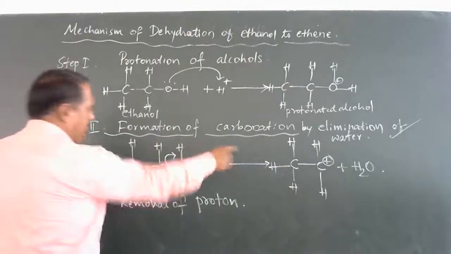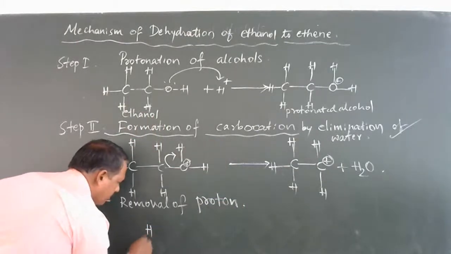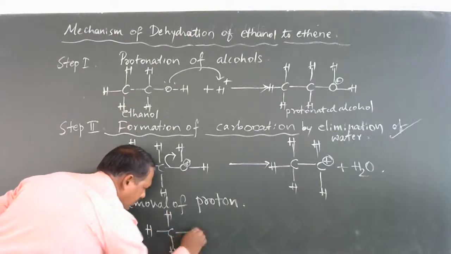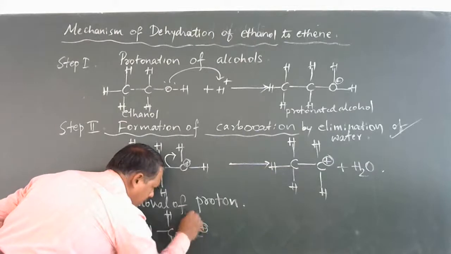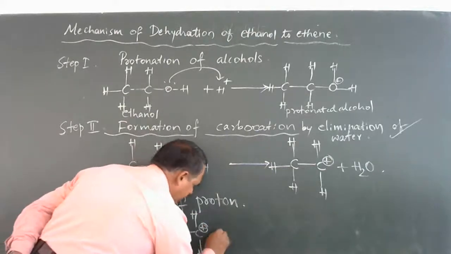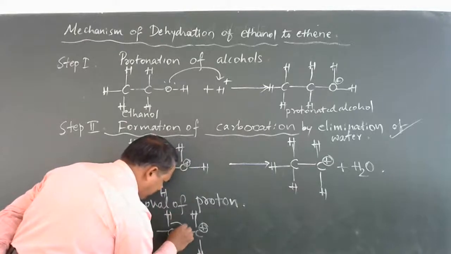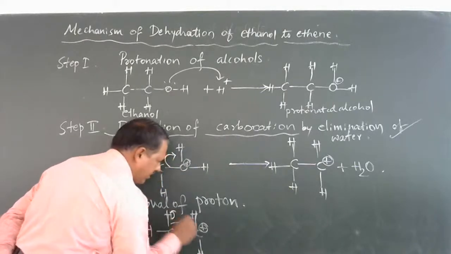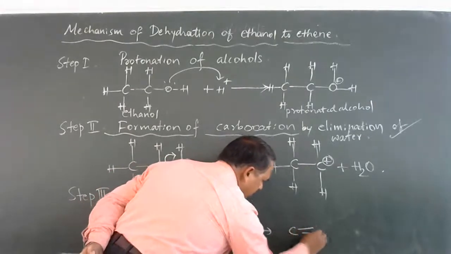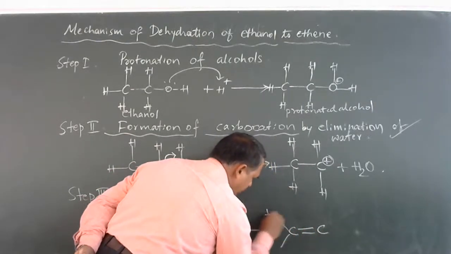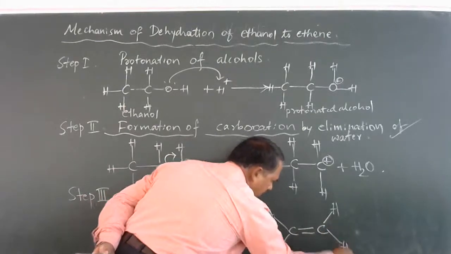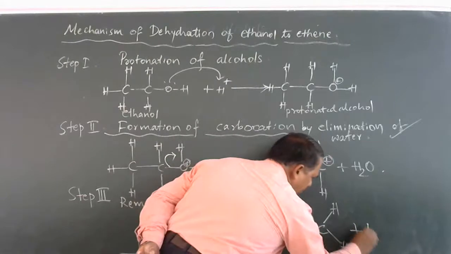See, again, for the carbocation you have to write H, then C, H. So this is nothing but a carbocation. When one of the hydrogen atoms bonds here and is eliminated, you will get C double bond C, H, again H. And one proton is eliminated.